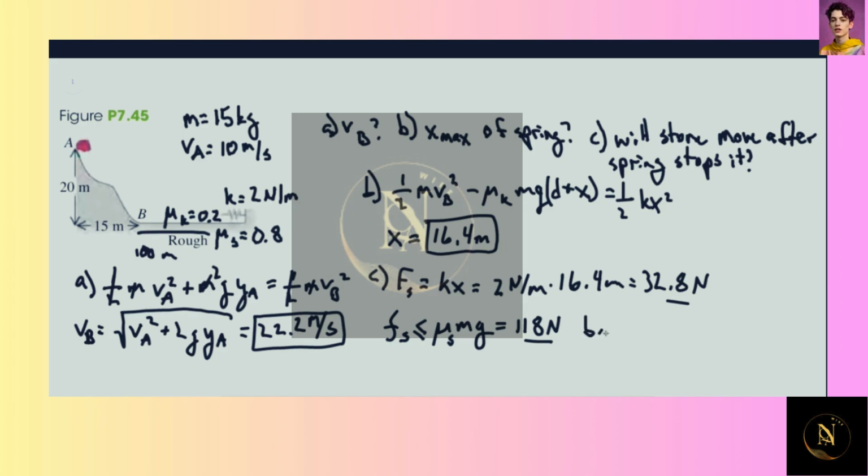So the box will stay at rest because it would take at least 118 newtons that the spring is exerting on the box for it to start moving again. And 32.8 is less than 118. So the box stays at rest.